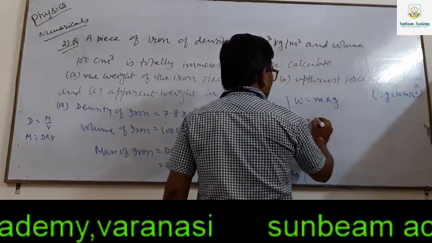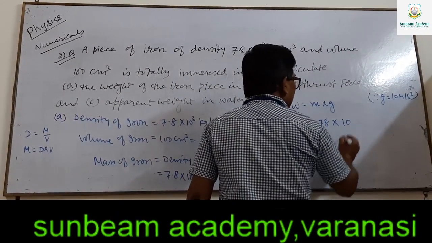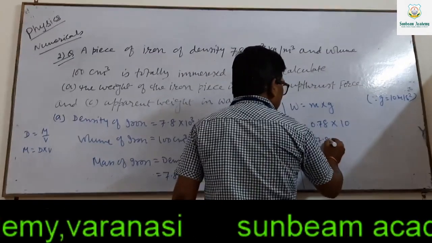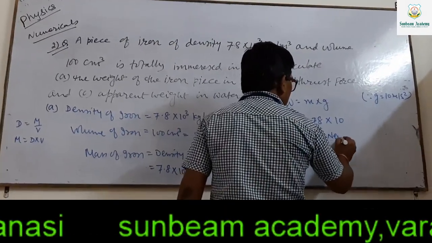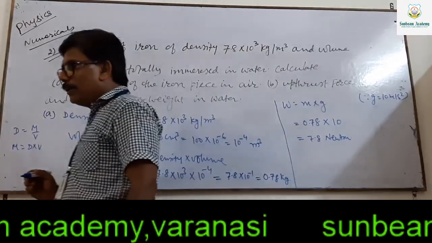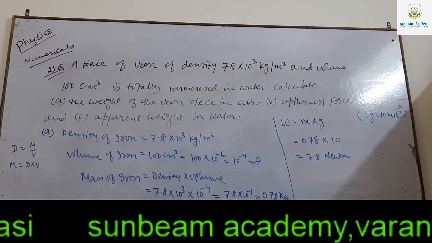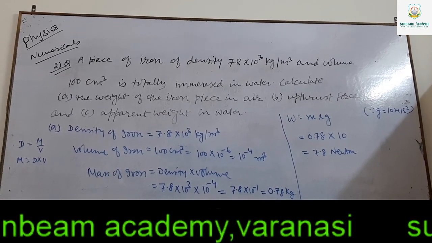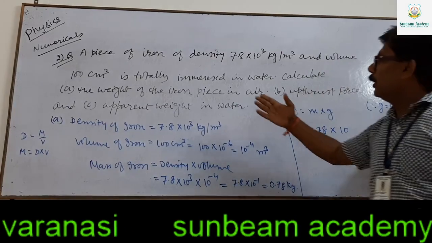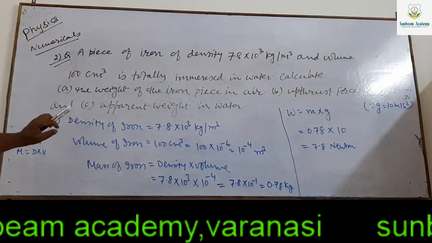So the weight will be mass 0.78 into 10, which is 7.8 Newton. So this is the first part. If you want to write it down, you can, then we will move to the second part of the numerical.